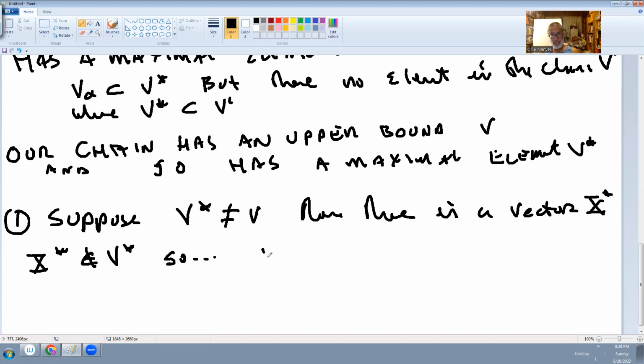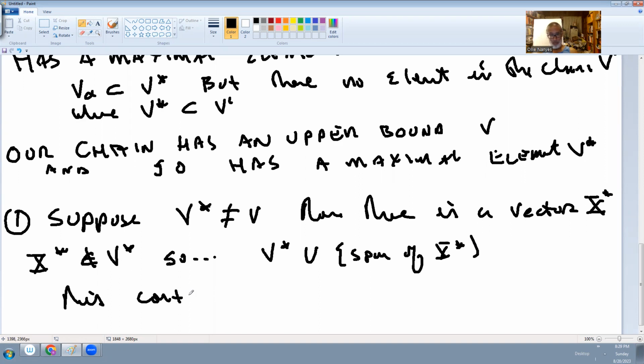So we take V star, and in fact, I'm being clumsy here. So what I'll do is I'll take V star and append to it the span of X star. And this contains V star. In fact, this union here is a very bad way of writing it.